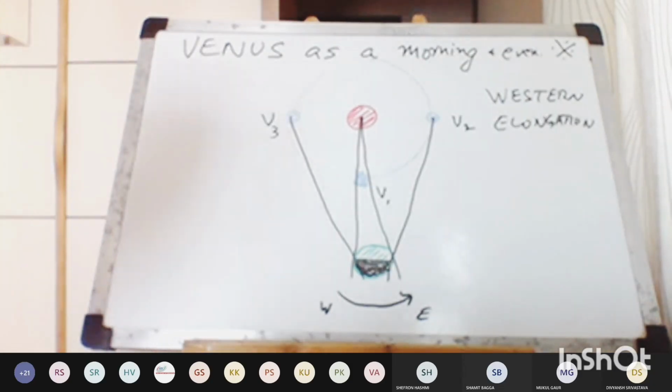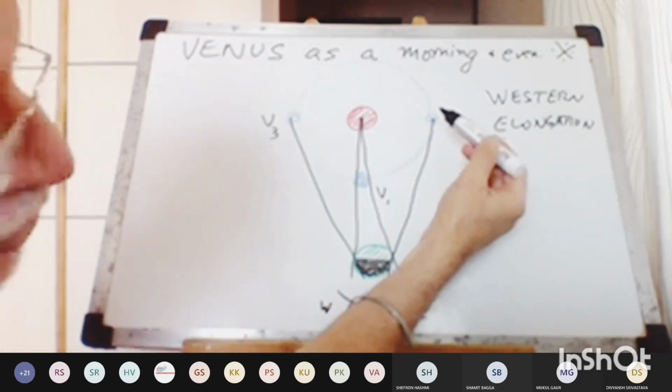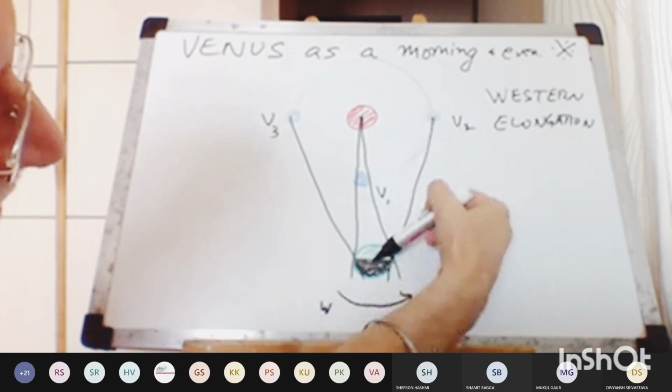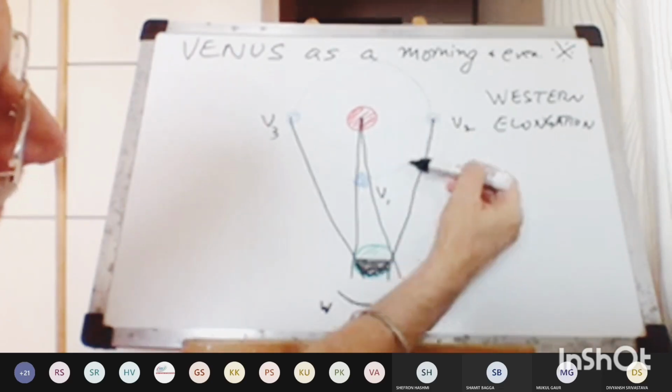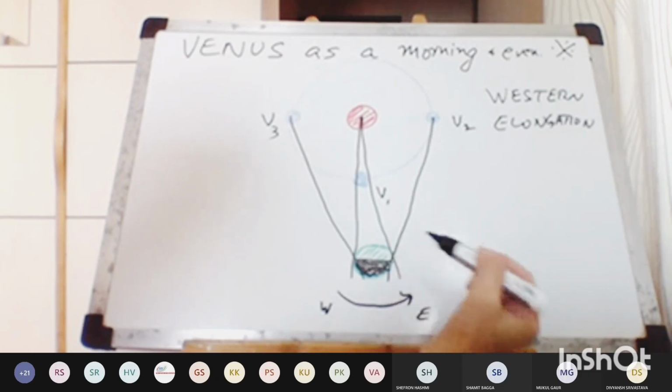Now, if I plot the geographical position of V2, the line joining the center of the body to the center of the Earth, where it cuts the Earth's surface, that is the GP. So I'll just put a dot, I will not complicate the diagram. This is the GP of Venus.